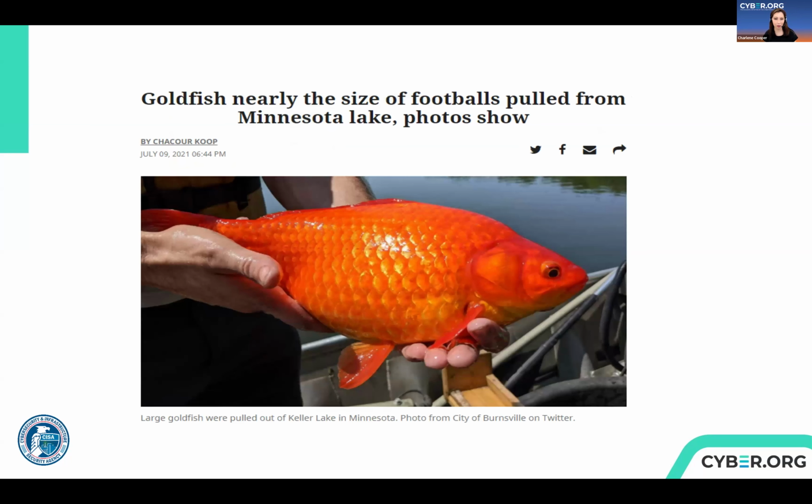And then I'm going to go to this one here, which is a personal favorite of mine. This is a goldfish nearly the size of footballs pulled from a Minnesota lake.